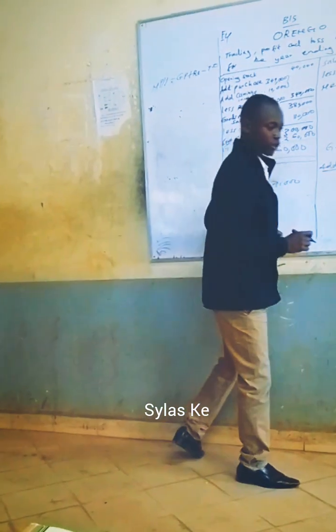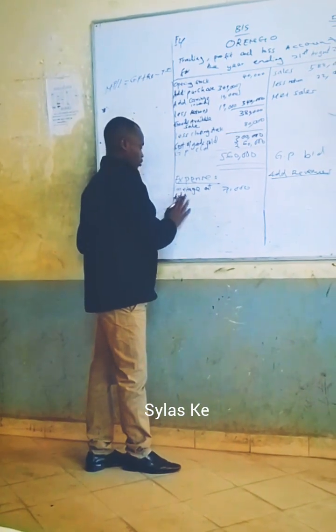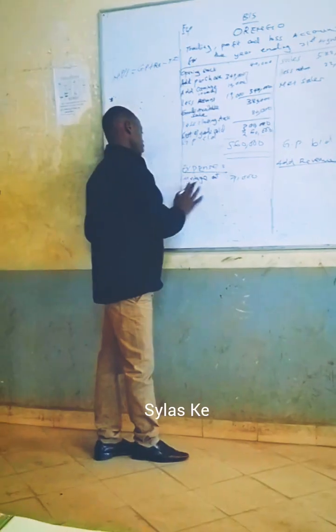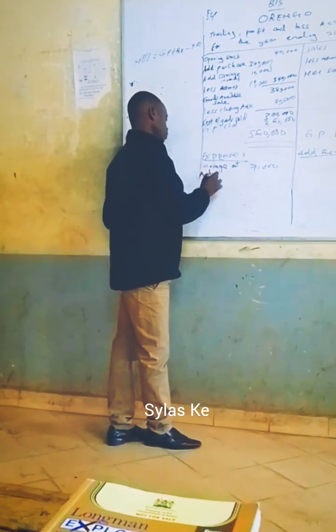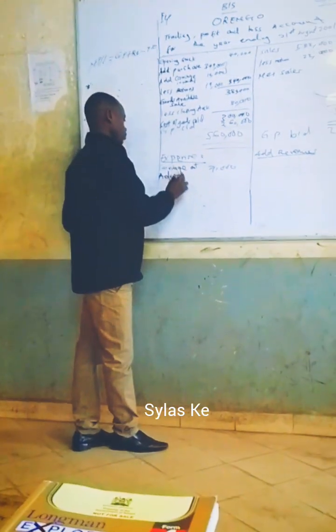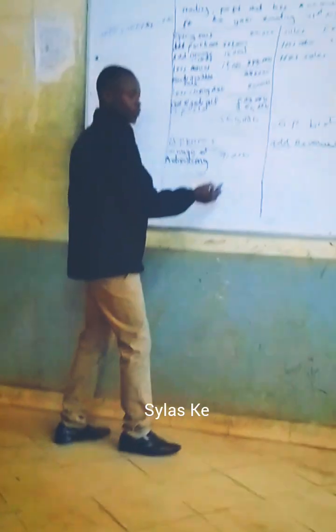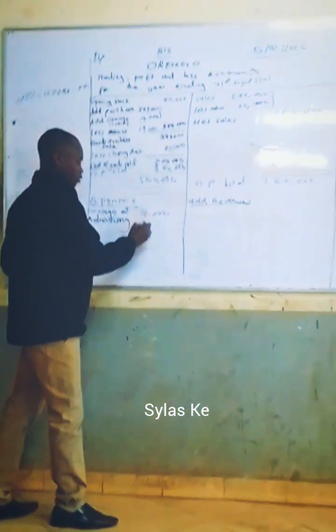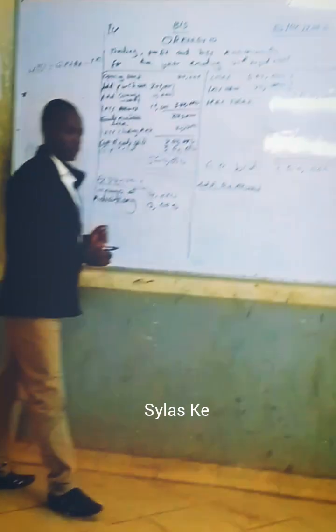Is it on credit or debit? Debit. So it is an expense. So we add advertisement. Advertising or advertisement is 13,000. Yes. 13,000. Any other expense?